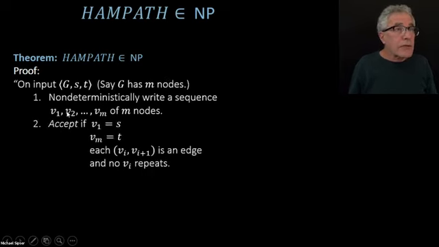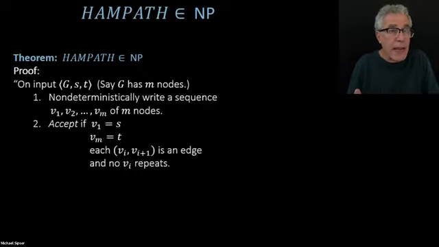So now, after we write down a candidate path, a sequence of nodes, I have to check that this really is a path. If I have just a sequence of nodes written down, what does it mean for it to be a Hamiltonian path from S to T? Well, it better start with S and end with T, first of all.